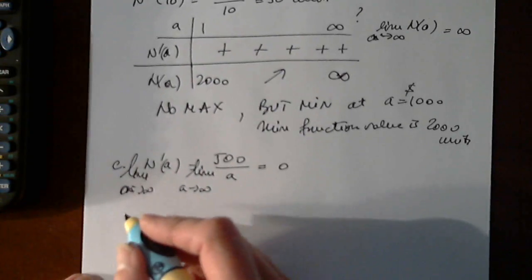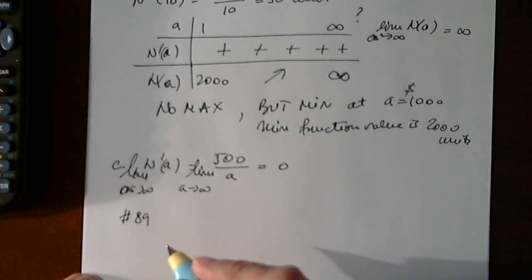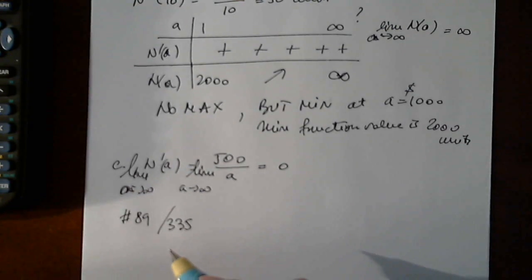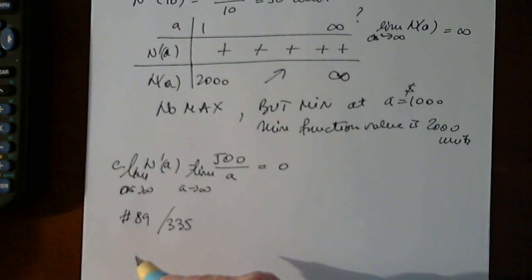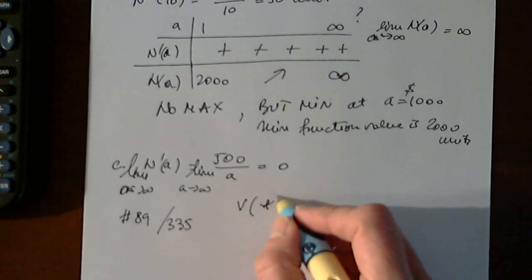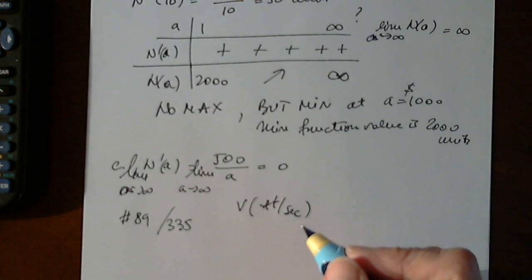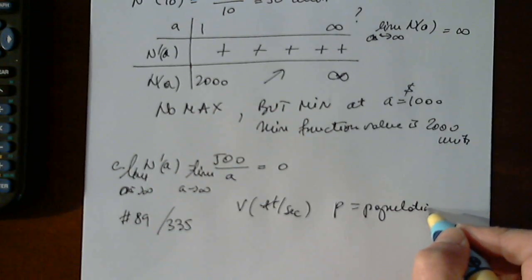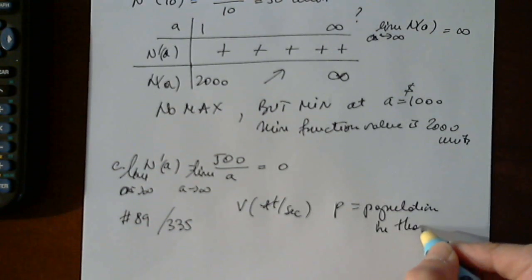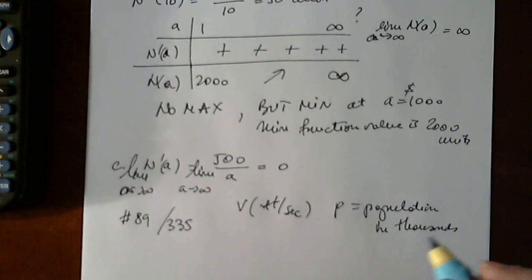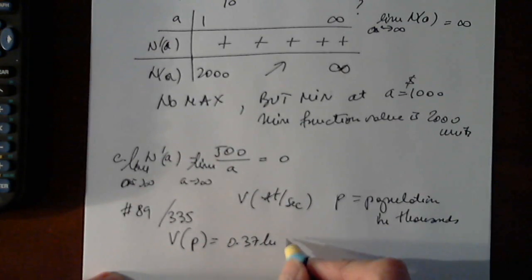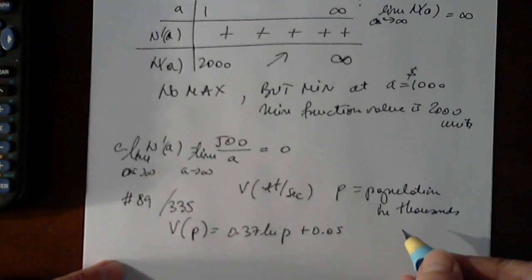Okay, last problem here. Let's look at problem 89 on page 335. Walking speed. We do have a study that gives us the walking speed v in feet per second of a person living in a city of population p, in thousands, given by v of p equals 0.37 natural log p plus 0.05.